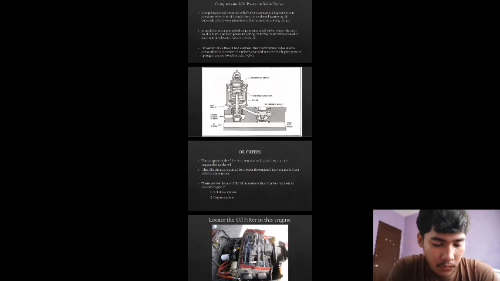On a full flow filter system, some means of bypassing the filter must be provided. One way to meet these requirements is to incorporate an oil bypass valve that automatically lets oil bypass the filter entirely once it becomes clogged.